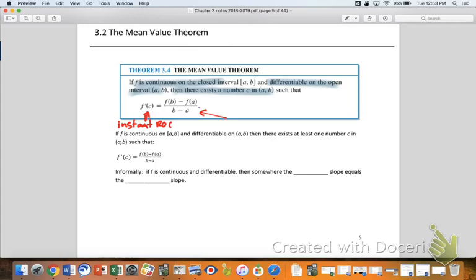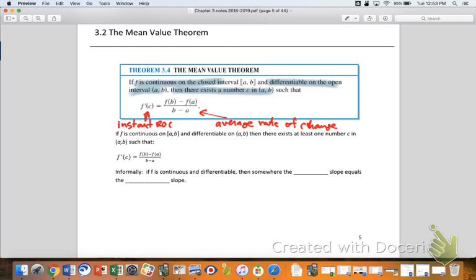Police, come on, what did you use, police? How did you convict them? Average speed. So an average speed, and speed is the rate of change, right? So the right side is the average rate of change.